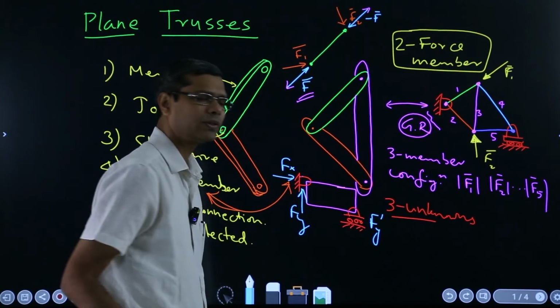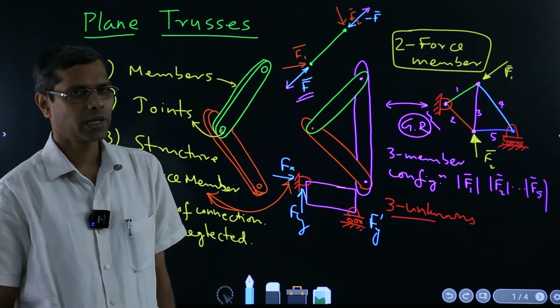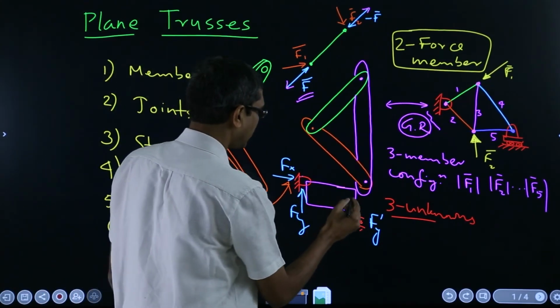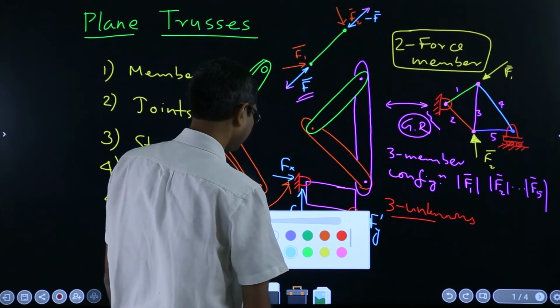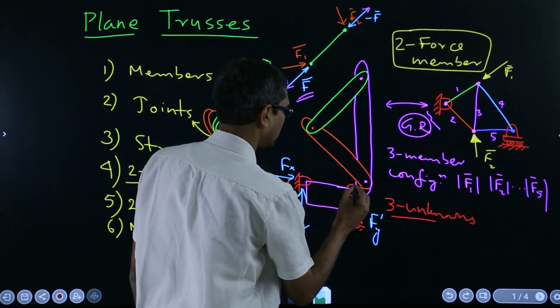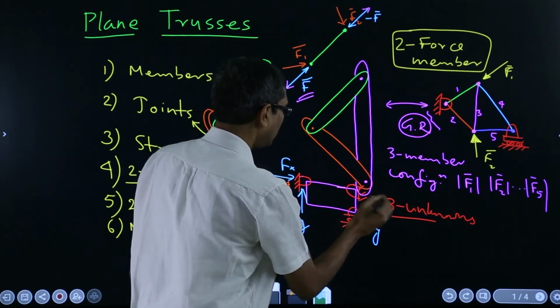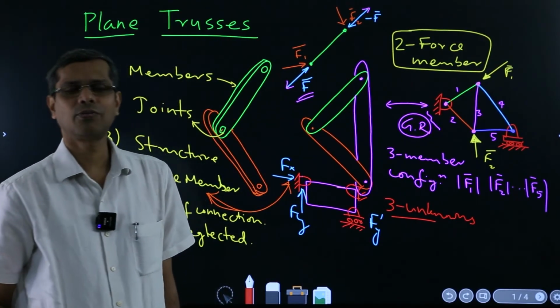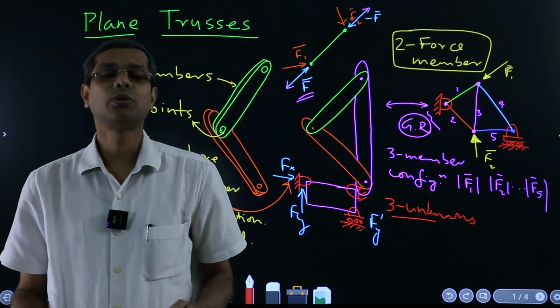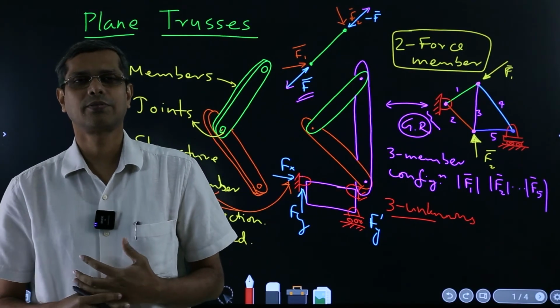So these kind of 3 unknowns if you have, you can actually solve for those. But now if I put, say, another support here like that, okay, then these extra forces which they have now come into picture, you can't actually solve from the equations of equilibrium.